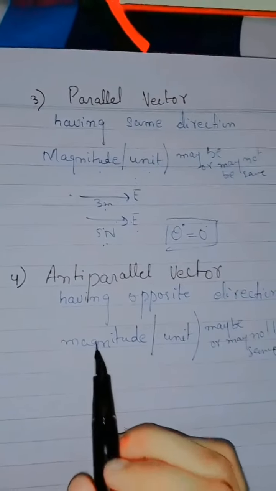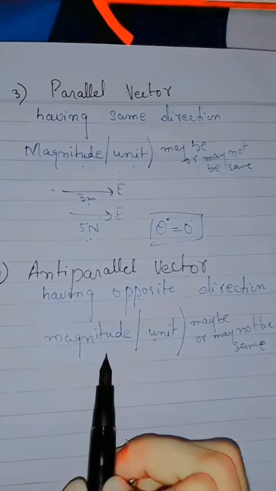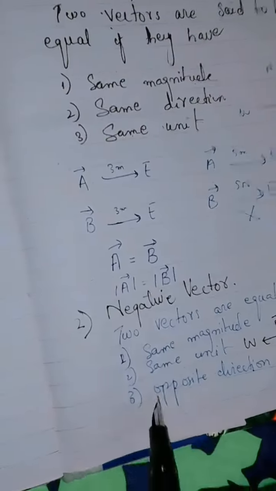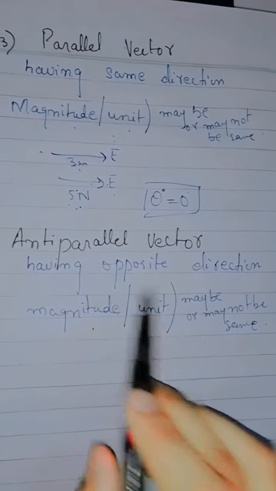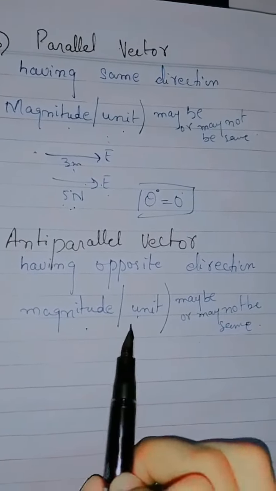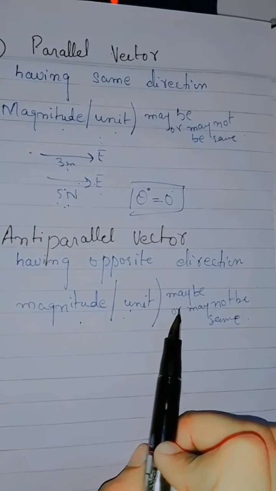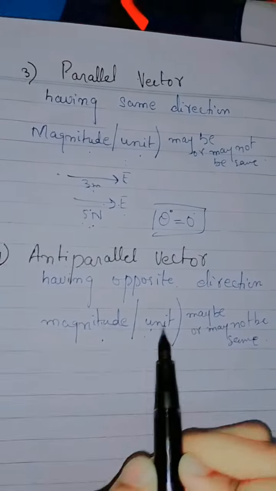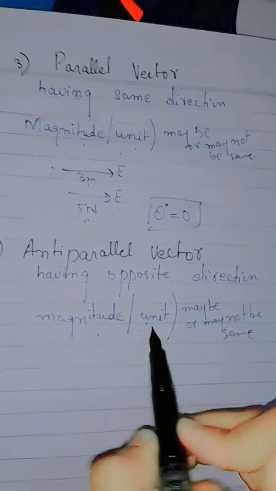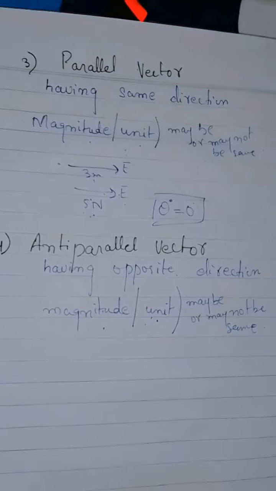If the magnitude and unit are same with opposite direction, it will be called a negative vector. But if it has opposite direction, magnitude changes, unit changes, that will be called anti-parallel.